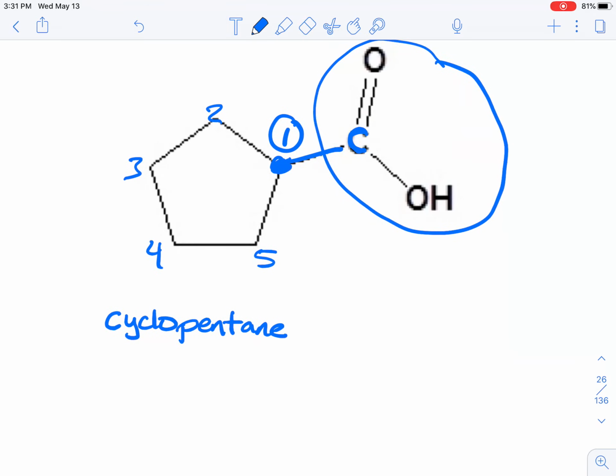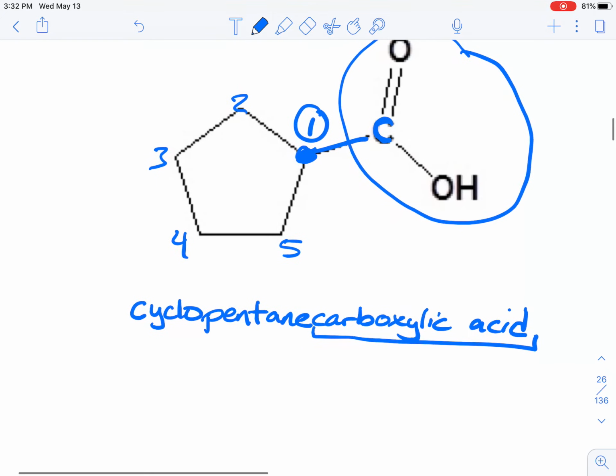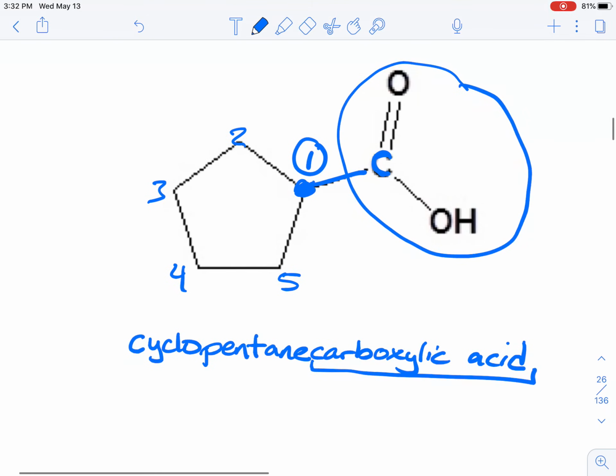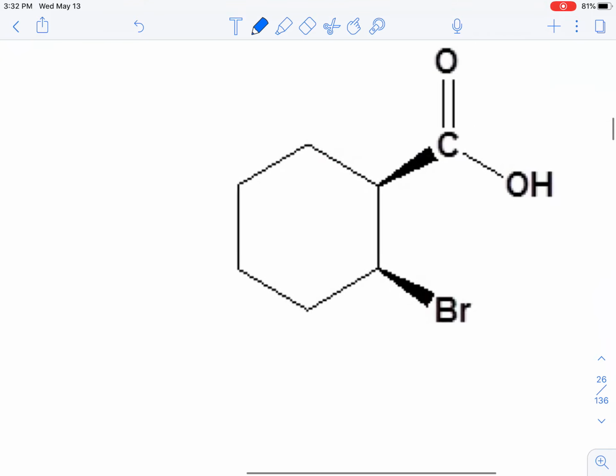So this is going to be cyclopentane carboxylic acid. Okay. So instead of saying cyclopentanoic acid, we're going to be using the full name of this functional group as the ending. And so since there are no substituents on this cyclic ring, we are done, and we're going to move on to the next compound.